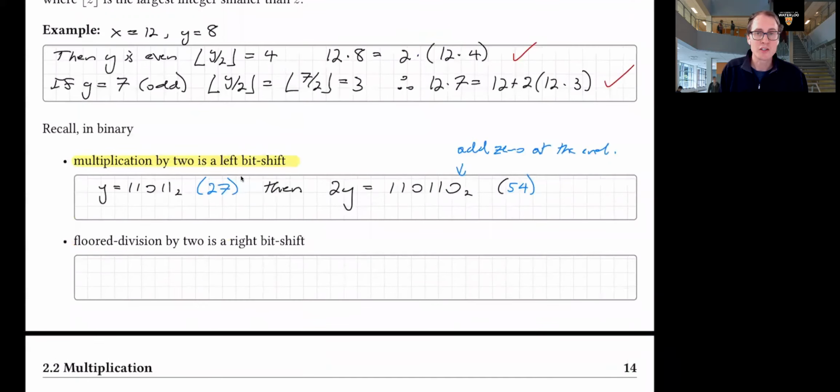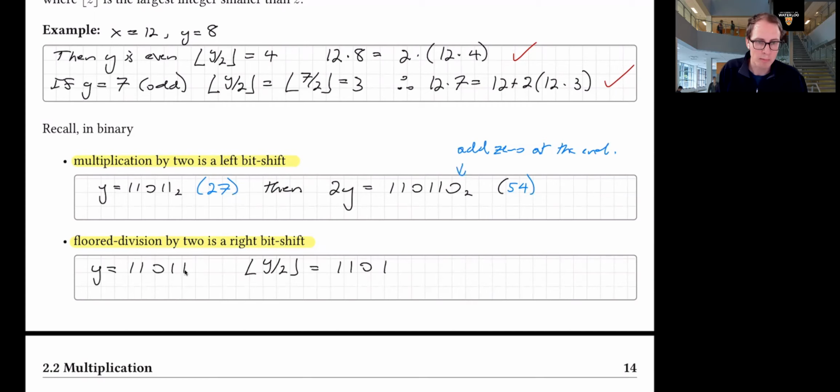Floored division by 2 is just a right bit shift. Taking the same example, let's say y is equal to 1, 1, 0, 1, 1. Then the floor of y over 2 is just a right bit shift, which is going to be 1, 1, 0, 1.